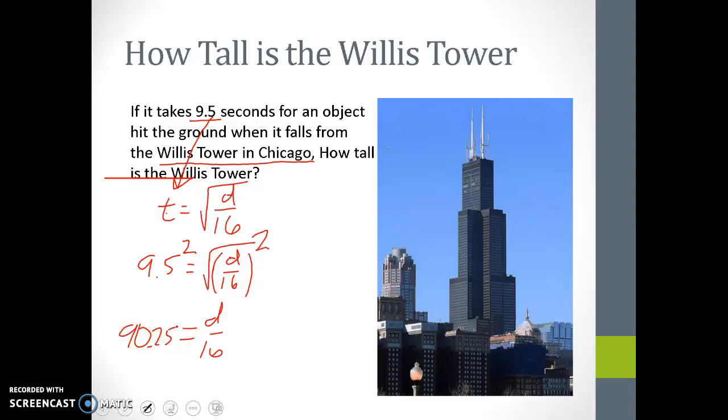But I want to get d by itself, and I'm dividing by 16. So at this point, I'm going to multiply both sides by 16. If I multiply this side by 16, they cancel out. If I multiply this side by 16, then I'm going to end up with d, the distance or the height of the Willis Tower, being 16 times 90.25.